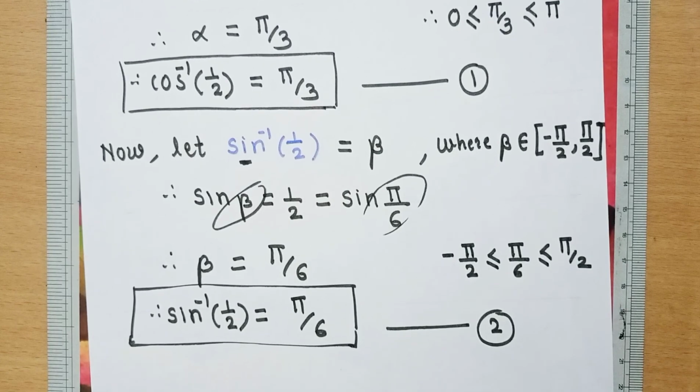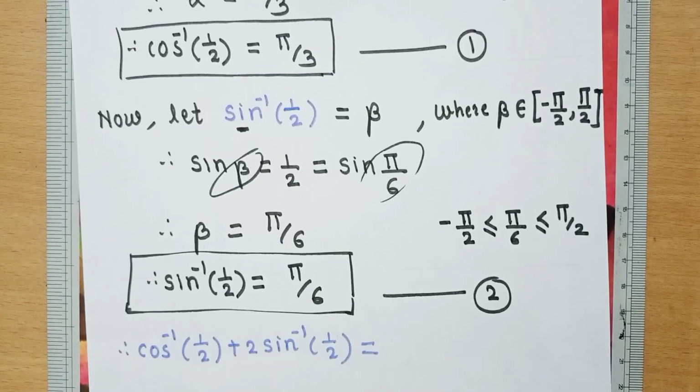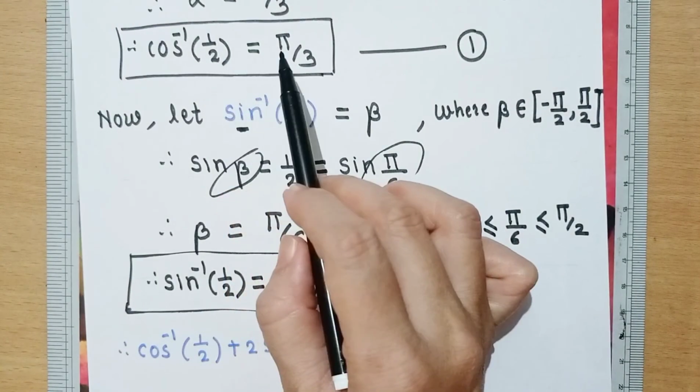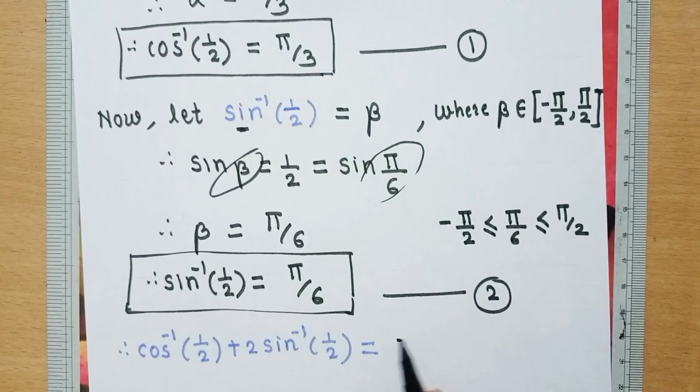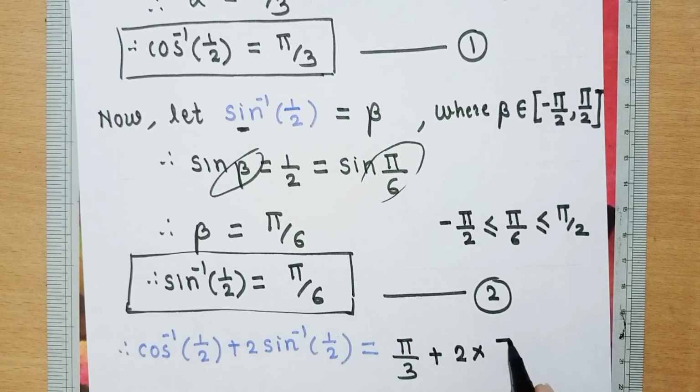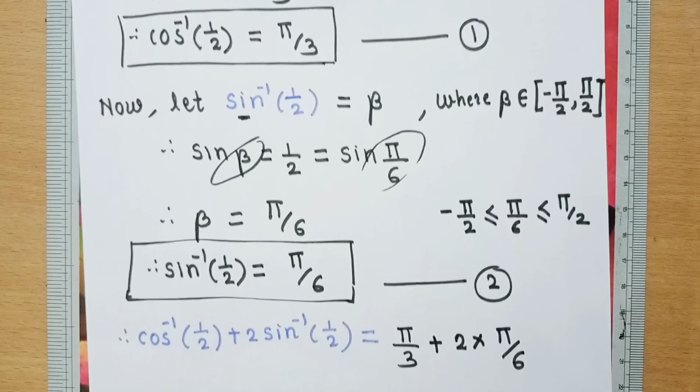Now again write down our original function. Now substitute the values here. So cos inverse of half is pi by 3, and then plus, then 2 is there, multiplied by the value of this, which is pi by 6.